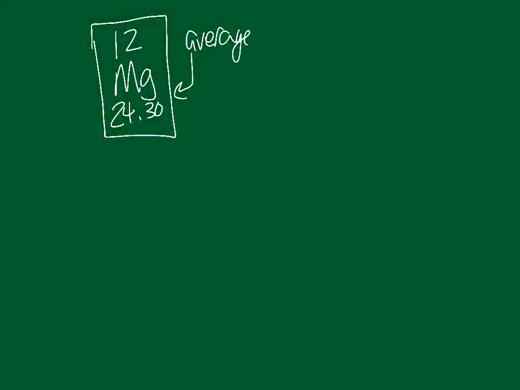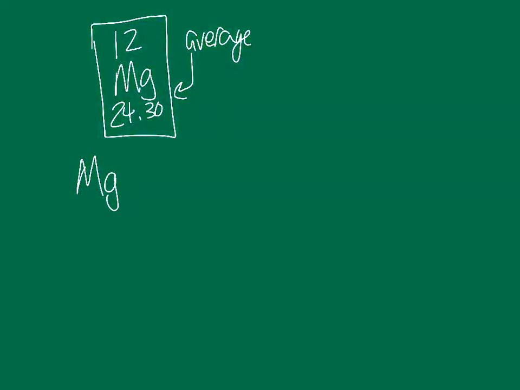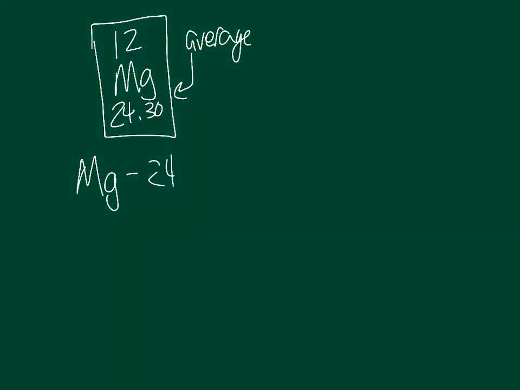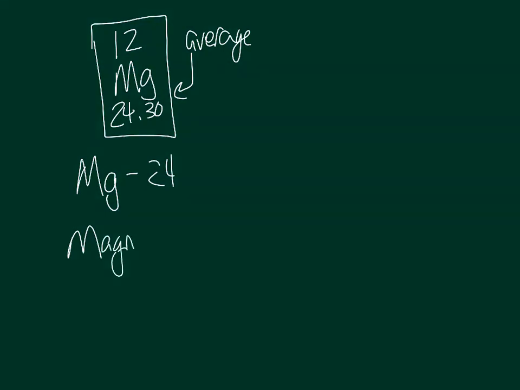Because most of the time we are dealing with magnesium 24, but sometimes we are dealing with magnesium 25, which means that it has an additional neutron there.